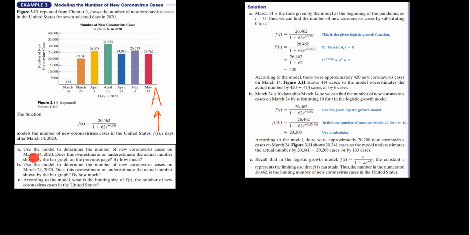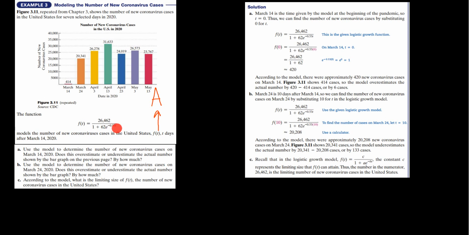So use the model to determine the number of new coronavirus cases on March 14th. How do we know how many cases we have on March 14th? Well, how many days after March 14th is March 14th? That's pretty easy. It's 0 days after March 14th, so you just plug in 0 for t. We can kind of do most of this in our head. If we plug in a 0 for t, 0 times anything is 0, so it doesn't matter what the k value is.